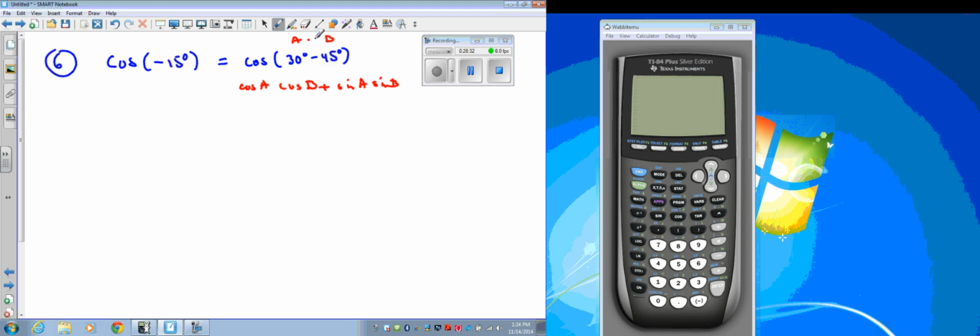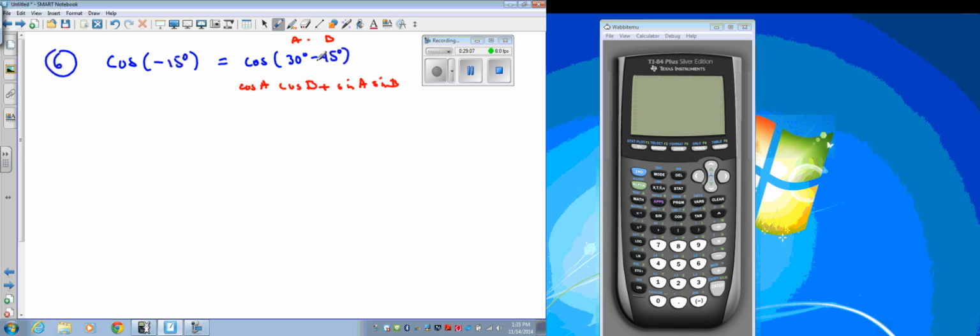Not yet. See, cosine minus 15 degrees, I could put it in my calculator and figure it, but they're saying don't do it. So you have to take a pair of angles for which we have known values, and the ones we know are 0, 30, 45, 60, 90, right? Then figure out if you can get minus 15 as the sum or difference of those.